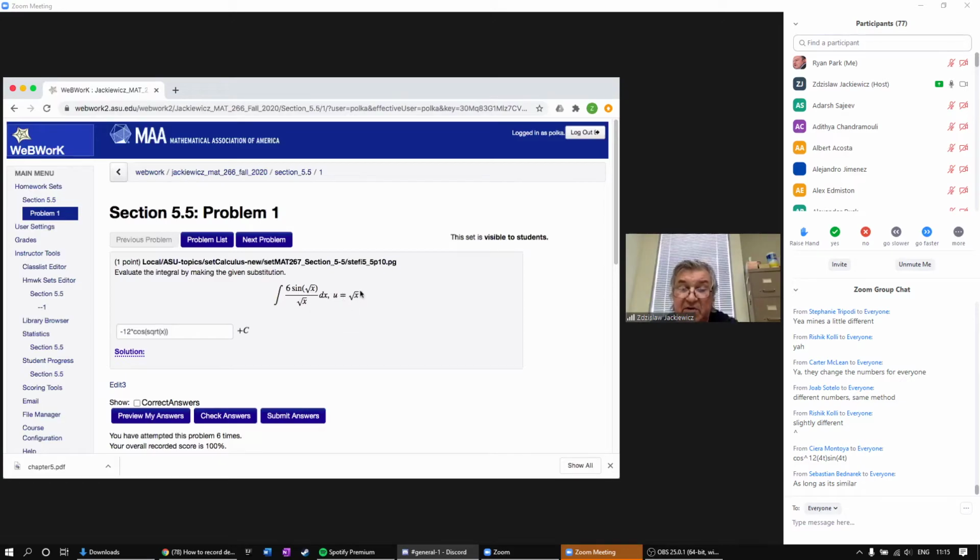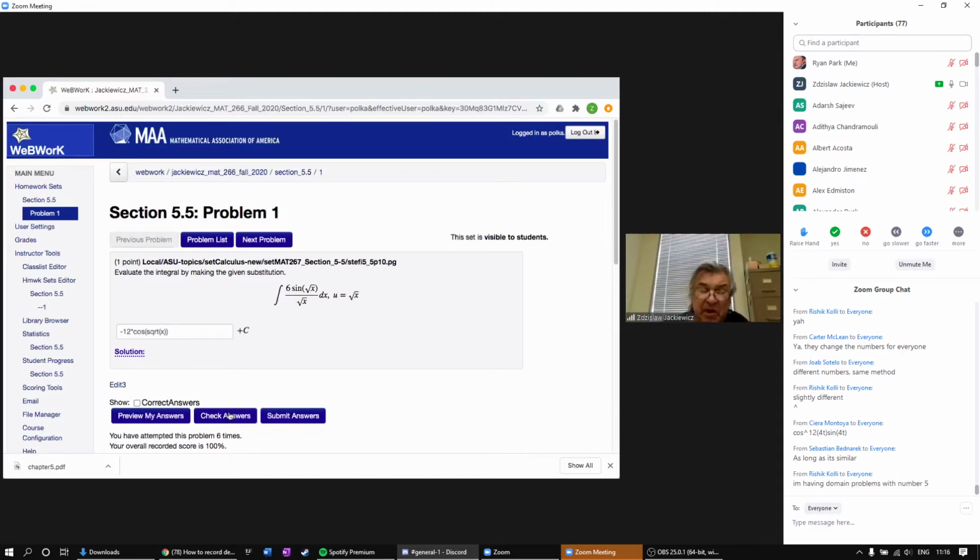Then du is 1 over 2 square root x dx, so I need a 2 here. Instead of 6, I will have 12. This becomes minus 12 integral of sine u du, and that's minus cosine.